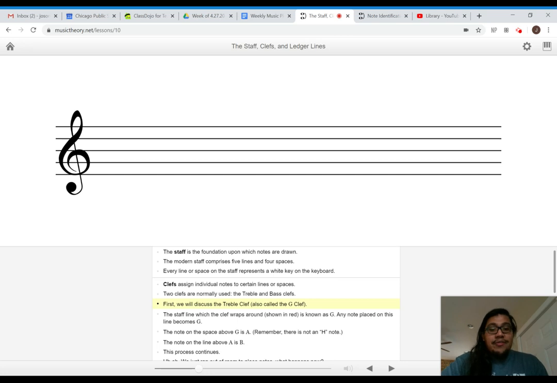Remember, our musical alphabet stops at G. So it's A, B, C, D, E, F, G. And after G, we repeat back, because there are only 12 different sounds that we have in music. After that, the sounds replicate just at a higher frequency, so we give it the same name because it's essentially the same but different. We'll go over that later.